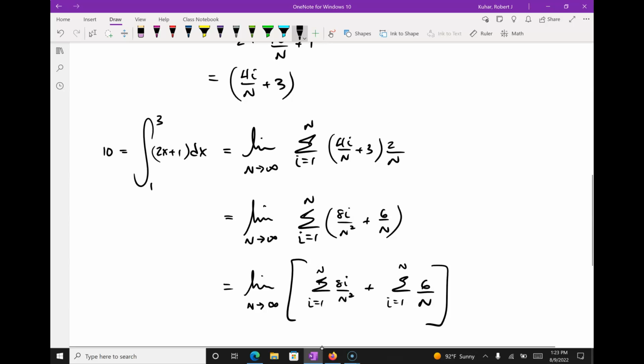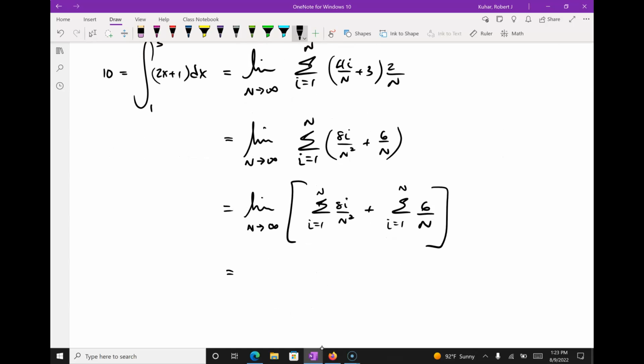What variable is my sum dependent on? What's controlling my sum? Not n. i. So the variable n can be treated as a constant and can come out.